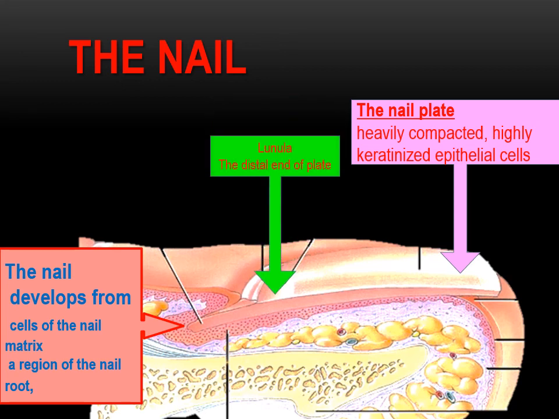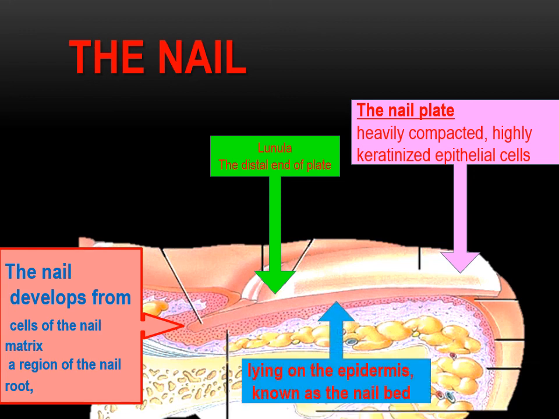At the distal part of the nail plate, there is a lunula, or half moon. The nail plate rests on the epidermis known as the nail bed, which is usually thin epidermis that can show the underlying blood vessels. That's why the nail plate appears red.